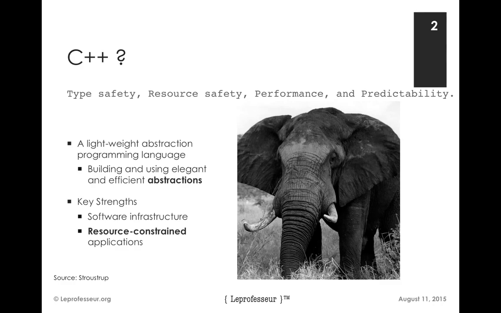Let's say C++. In a nutshell, what is C++? I did put a picture of an elephant here. I would like to say that C++ is like this elephant. It's enormous, giant. It offers many advantages, many flexibilities, yet structured, very robust, closer to machine, and highly performant.